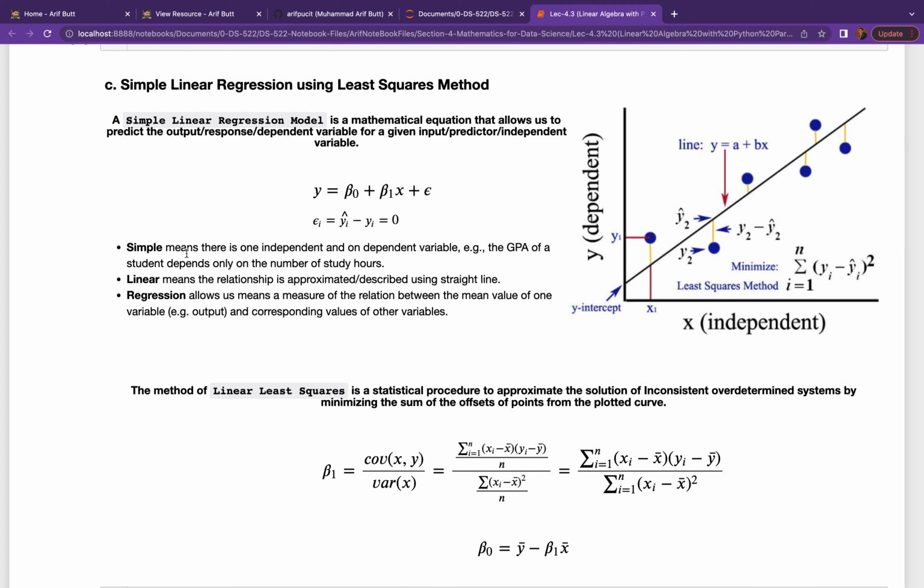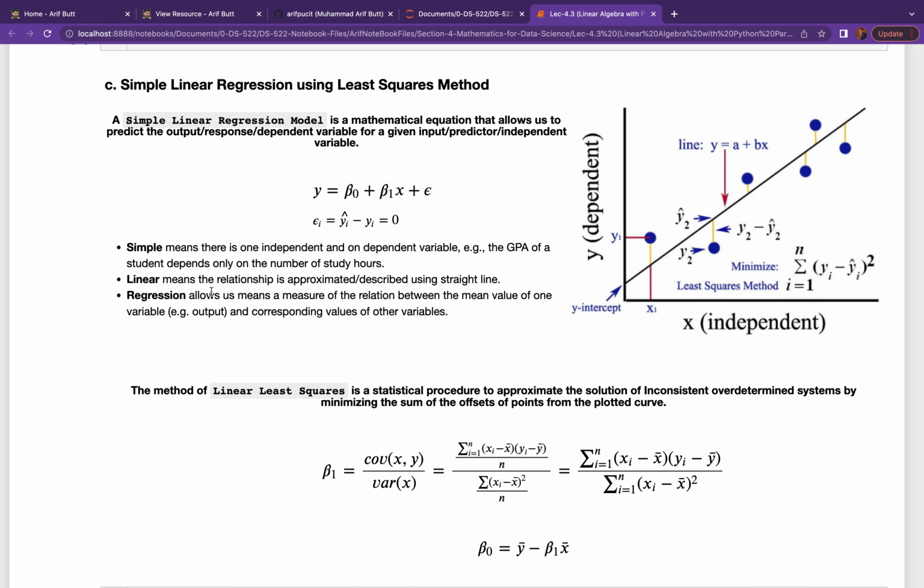By simple, I mean there is one independent or feature variable that is plotted along the x-axis or horizontal axis, and there is one dependent variable which we want to predict, and that is plotted along the vertical axis or the y-axis. And linear means the relationship between the two variables is described by a straight line.